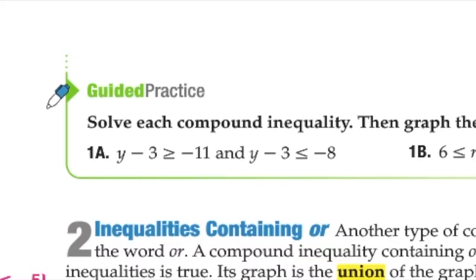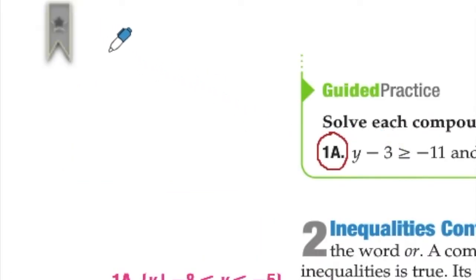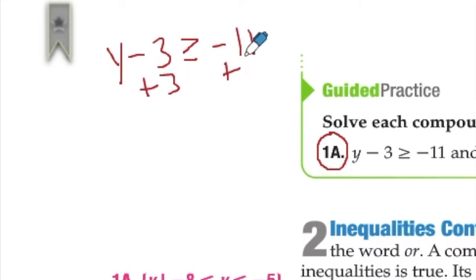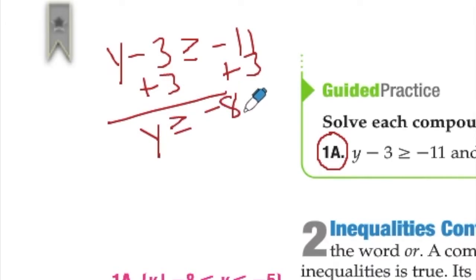At the top of page 307, let's try a couple guided practice problems together. It says to solve each compound inequality and then graph the solution set. So for the first one, we have y minus 3 is greater than or equal to -11. Add 3 to both sides, and we get y is greater than or equal to -8.